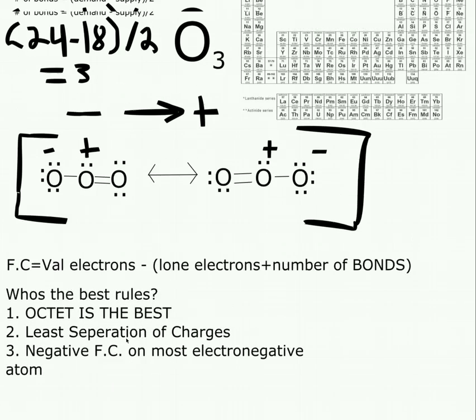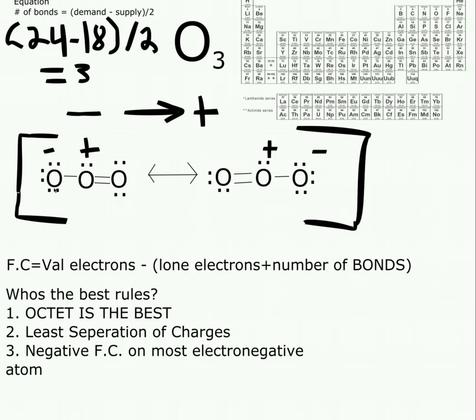So who's the best? Octet is always the best. Octet will override all of these rules. We can see here each atom has an octet, so we have to move to the next rule. Least separation of charges. Okay, we have a negative here and a positive here, a negative here and a positive here. Well, we both have charges on each molecule, so next rule. Negative formal charge on most electronegative atom.